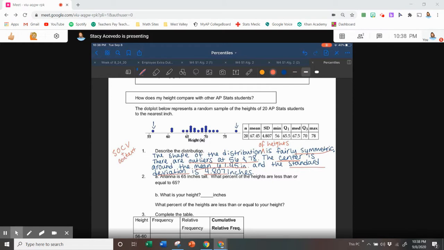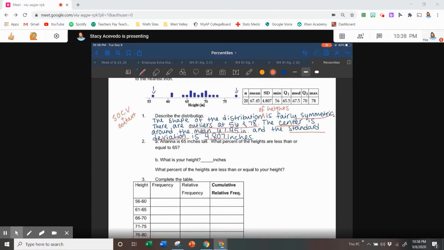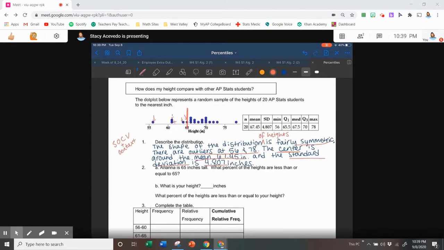So number 2, Ariana is 65 inches tall. What percent of the heights are less than or equal to 65? So there are 5 values, and I marked on our dot plot 65. There are 5 dots out of the 20 total AP Stat students.